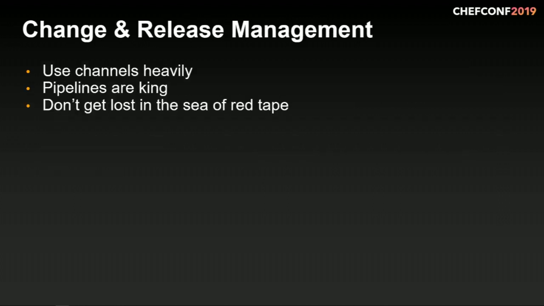For change and release management, the strategy we've been using is using channels heavily. Pipelines are king here, as always, in DevOps tool chains. And don't get lost in the sea of red tape. There's a ton of red tape that comes with change and release management. You kind of have to pick your battles a little bit because enterprises do have this very rigid, stick-to-ITIL, stick-to-change-management kind of philosophy.